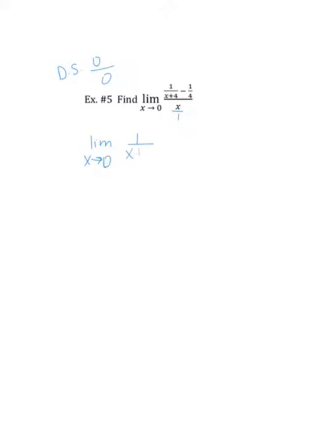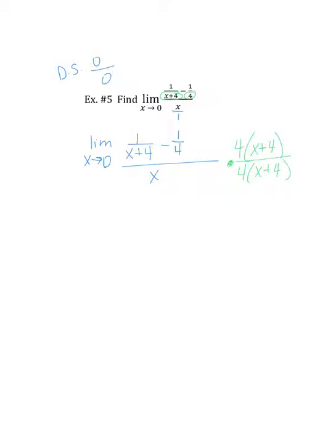And what I'm going to multiply by, I'm basically trying to get rid of the complex fraction. So I am going to multiply by the least common denominator of all my denominators. So I just have an x plus 4 and a 4. So I'm going to multiply by 4 times x plus 4 over 4 times x plus 4.